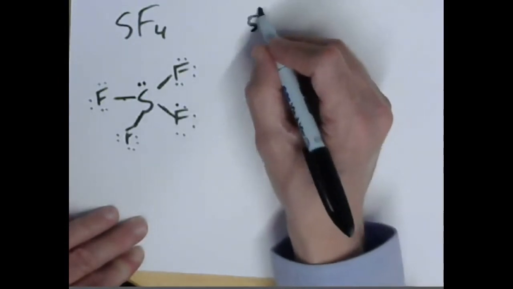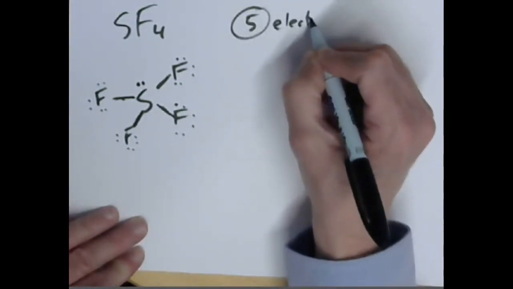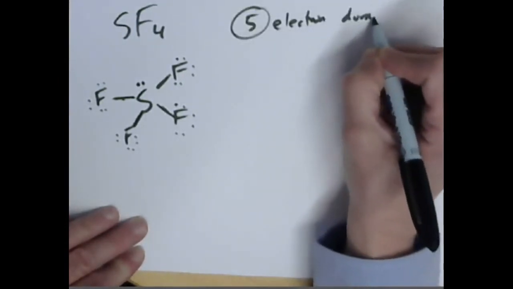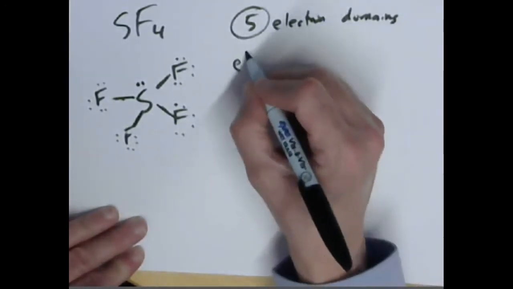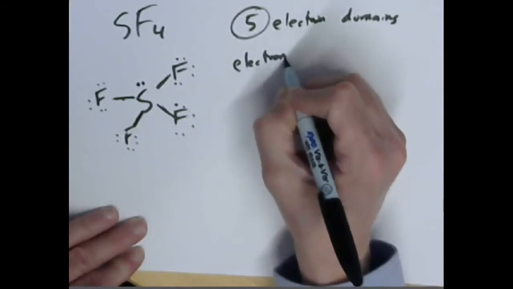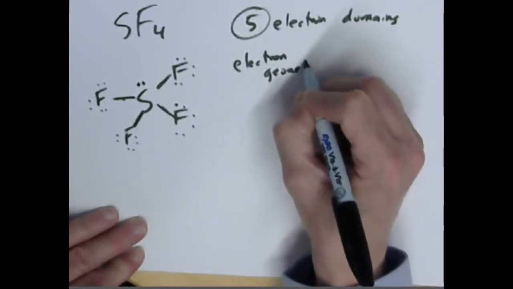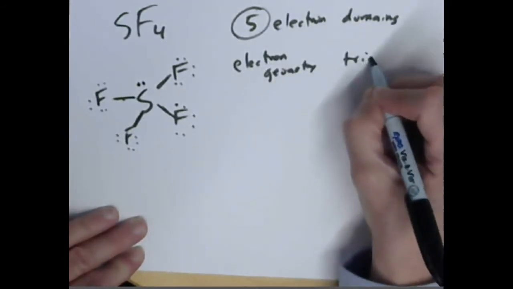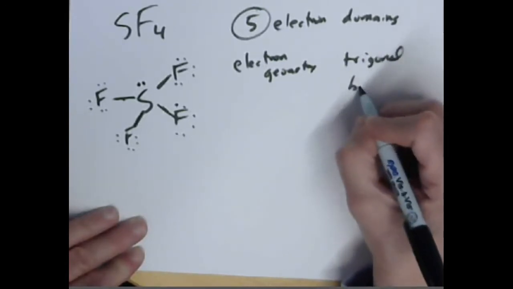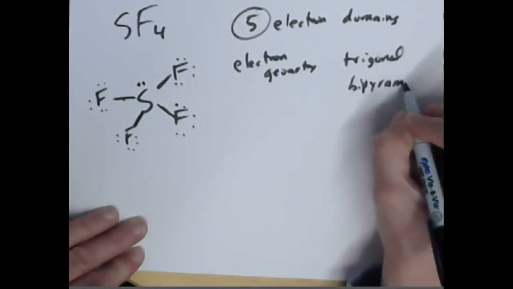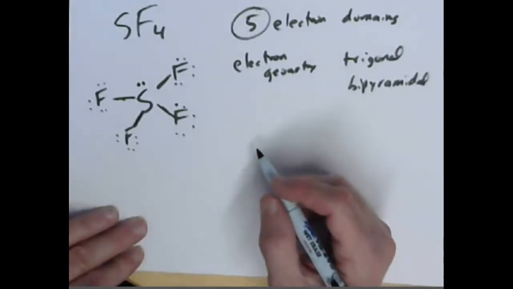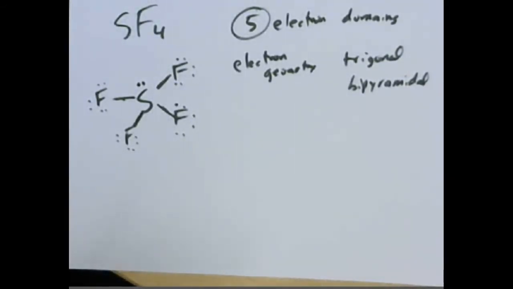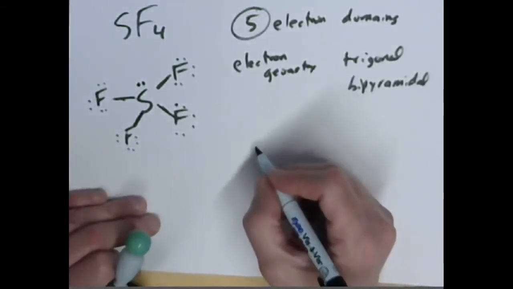So the magic number is 5 electron domains. That means this electron geometry is trigonal bipyramidal. And so we need to figure out where that non-bonding pair of electrons is going to go.